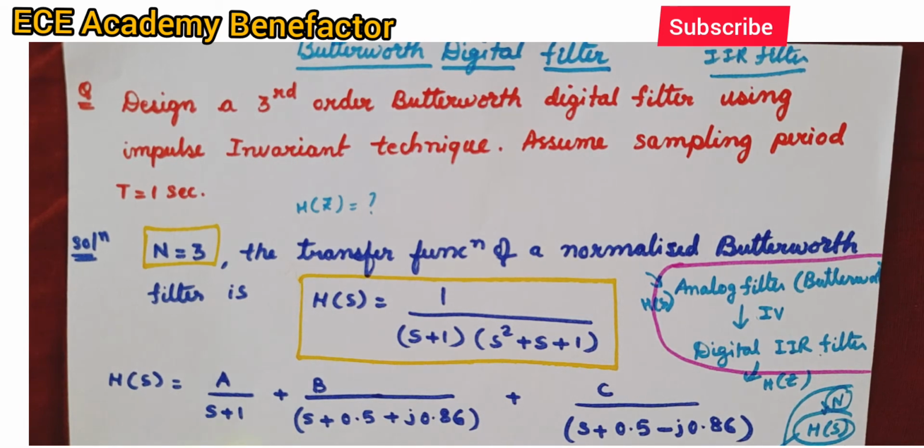Now, we have to do partial fractions, because we want to implement using impulse invariant. For the impulse invariant method, we have to do partial fractions.